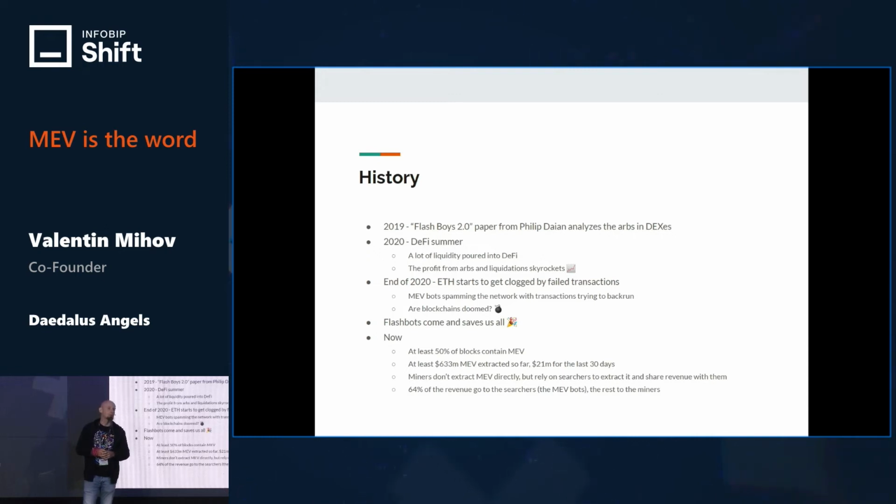It's about 20 million per day. Because 1/3 of this 20 million goes to the miners or the validators, it's a very important part of the financial incentive of the blockchain. So it's definitely something that needs to be taken into consideration.